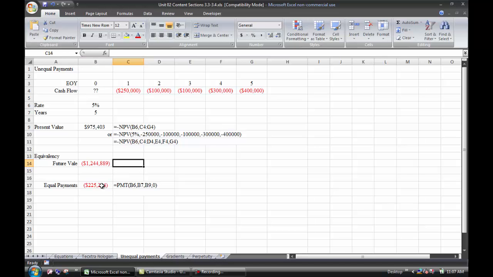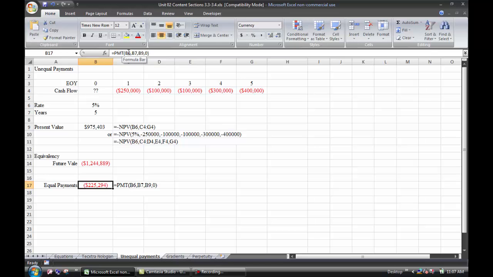Another equivalent value is the equal payments. What would an equal payment be that does the same as these 5 unequal payments? Maybe the venture capital says, I won't give you $975,000 up front, but I will give you an equal amount each year. How much would this have to be? Well, the equal payments can be computed using the payment function.